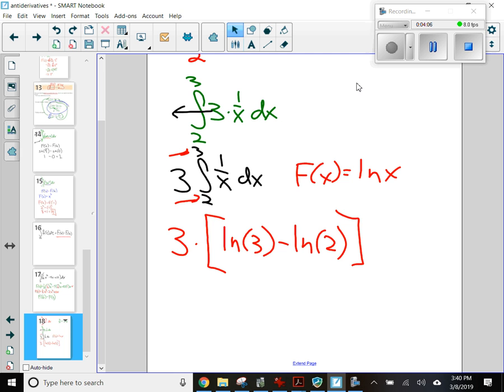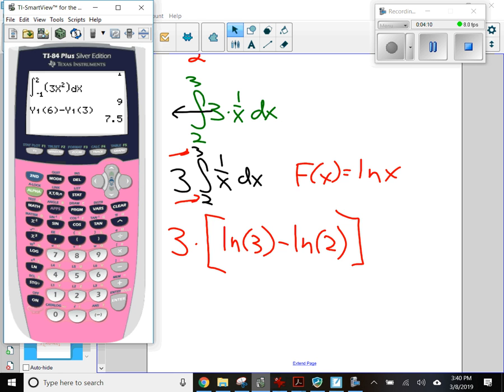So I think I can just plug that into my calculator, and I get 3 times, parentheses, ln 3 minus ln 2, close parentheses. And I get an answer, a decimal approximation, approximately 1.216, which is, again, the correct answer.